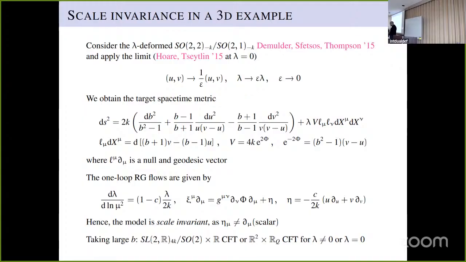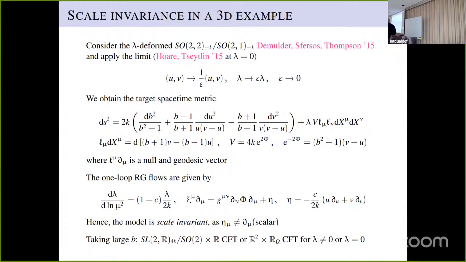So this model is scale but non-conformally invariant when lambda is different than 0, because I can dial up any value of lambda that I wish. On top of that, this is scale invariant because the corresponding diffeomorphism, if I lower the index, cannot be written as a derivative of a scalar. So following exactly the paper by Hull and Townsend.